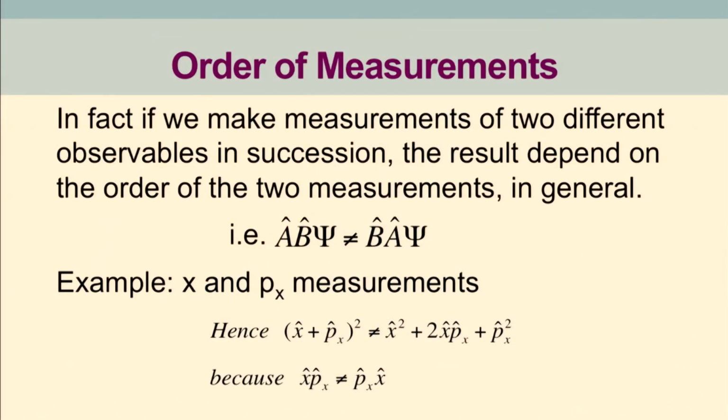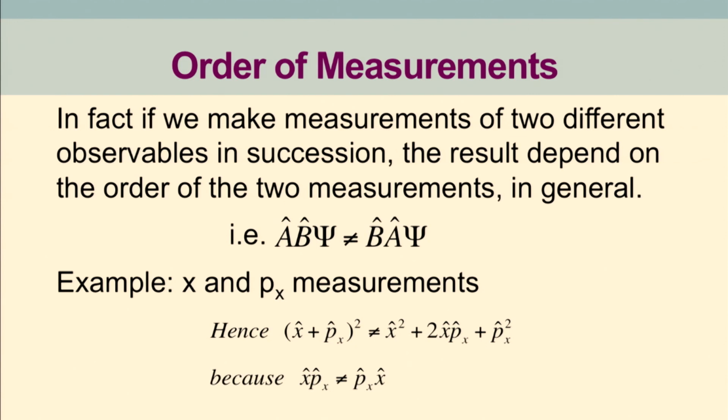So if I have a system with a given wave function, and I measure the momentum on that state first and then the position, the outcome can be completely different from measuring the position first and then the momentum, because x px acting on the wave function psi is not equal to px times x acting on psi.